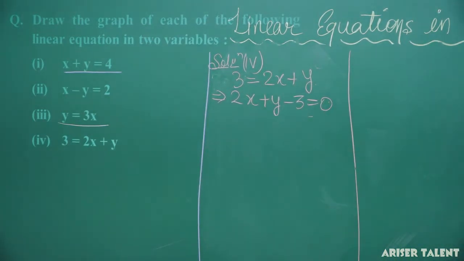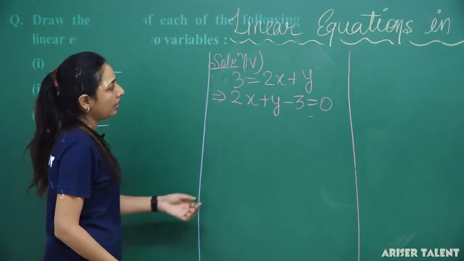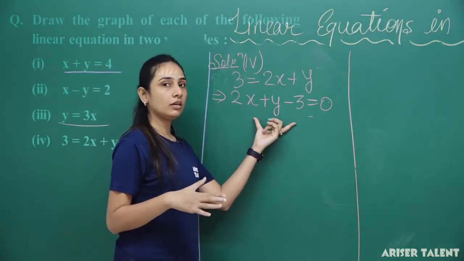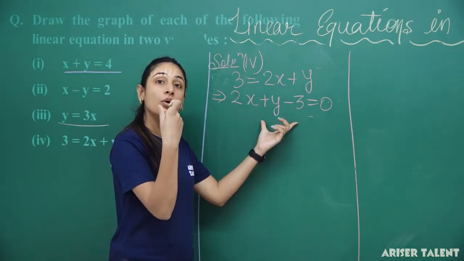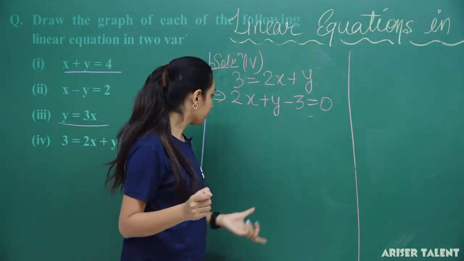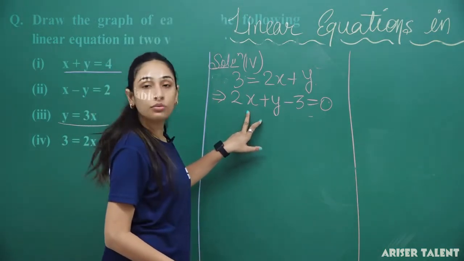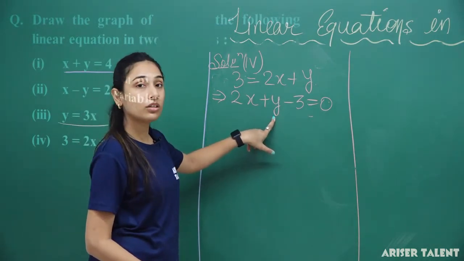Now what you have to do is put some value of x and get the value of y. You will be having many values of x and y from here, but for our convenience we first try to have some whole numbers just to put it very right on the graph. So if I get the value of x equals to 0, then I will be getting the value of y equals to what? 3.